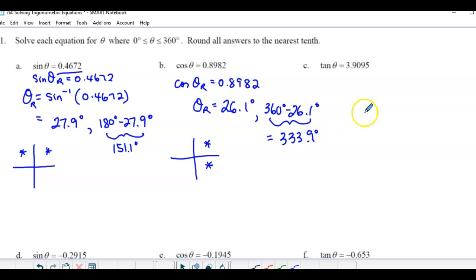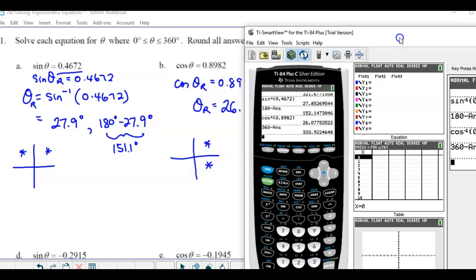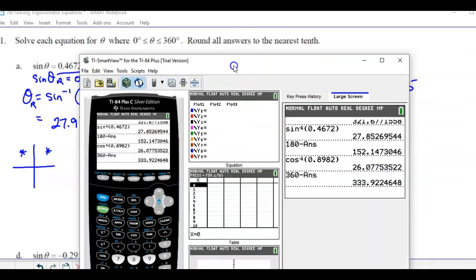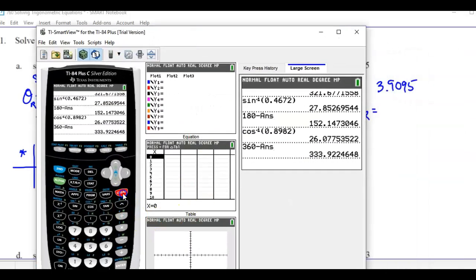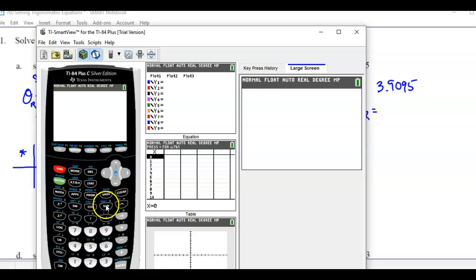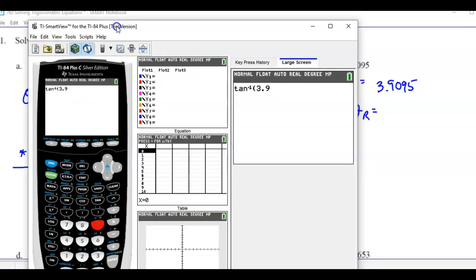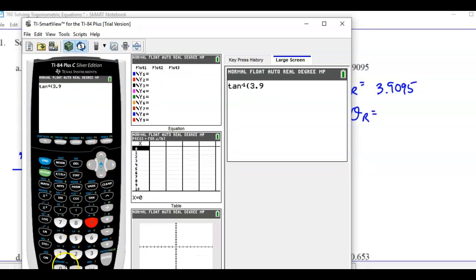Okay. And then the next one here, so tan of theta r is 3.9095. So these were all positives. So with your calculator, you don't have to do any work really to get at least one of them correct. So we're going to go second tan 3.90095.